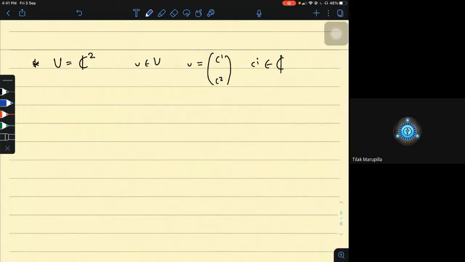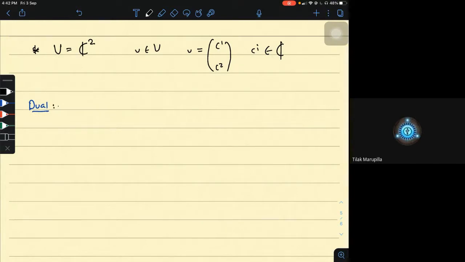So before we proceed to matrices, let's look at something called a dual of a vector. So a dual can be considered something like a function of V, which goes from V to the scalar f.